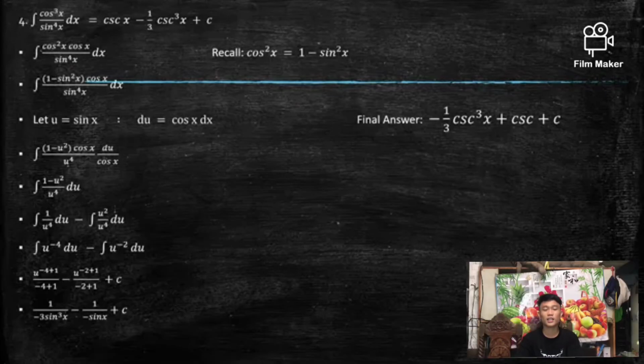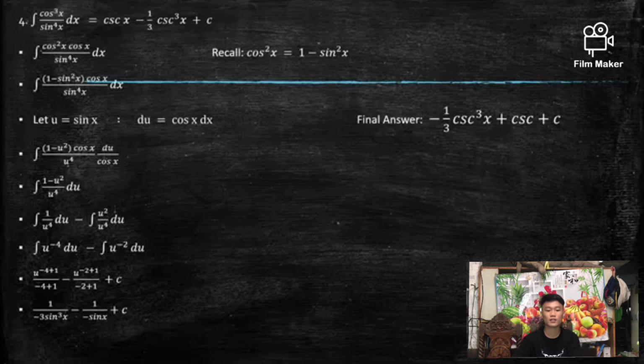For number 4, the given problem is the integral of cos cubed x over sine raised to 4 x dx. The first step that we probably do is to simplify by factoring cosine cubed x into cosine squared x multiplied by cos x, resulting in the integral of cos squared x cos x over sine raised to 4 x dx.